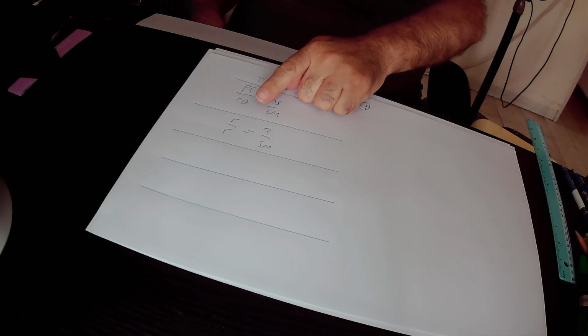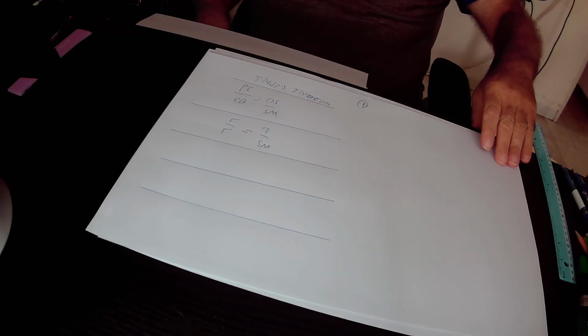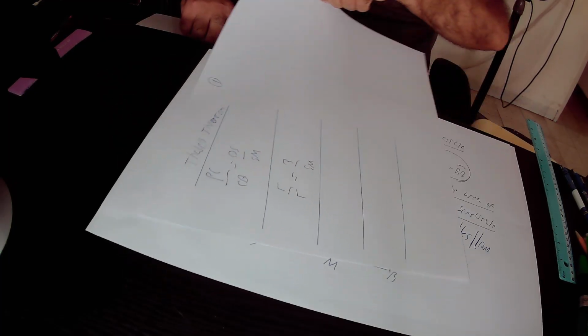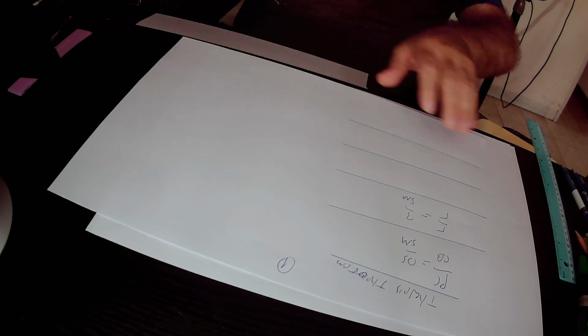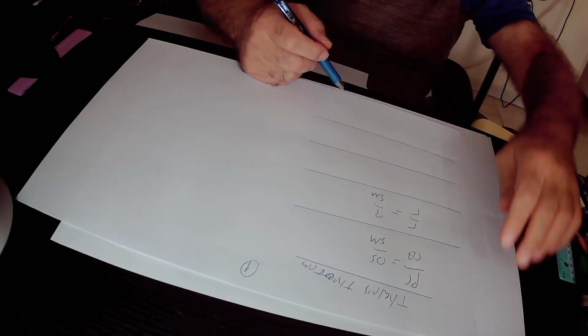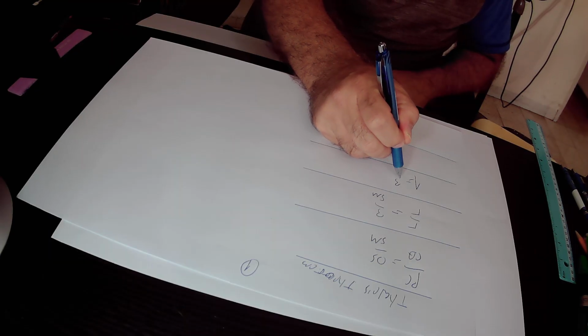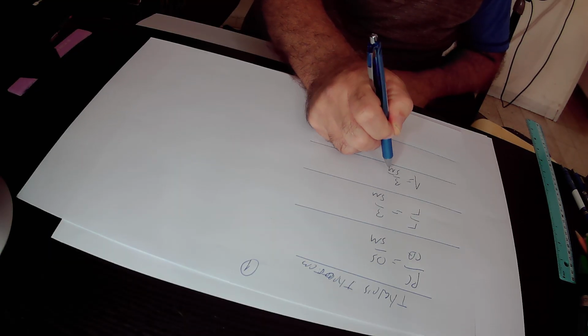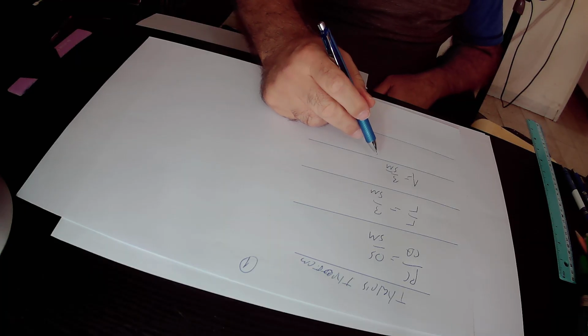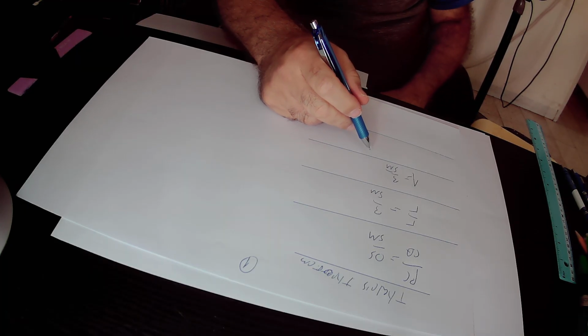R over R is 1, so 1 equals 3 over SM. Here we multiply this equation by SM.